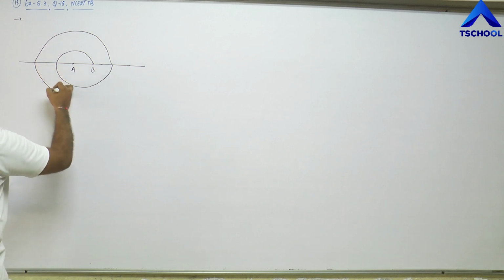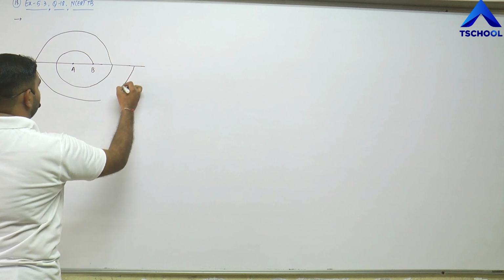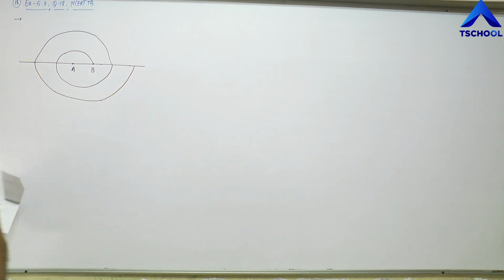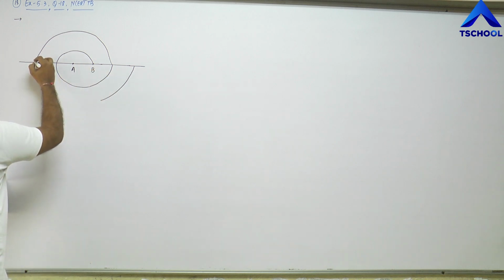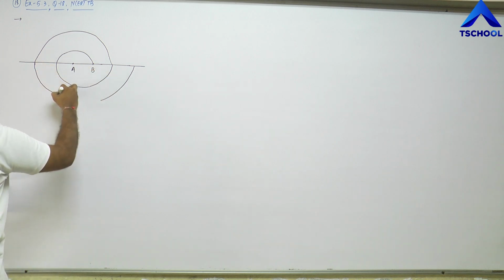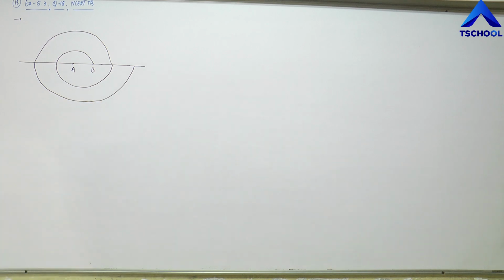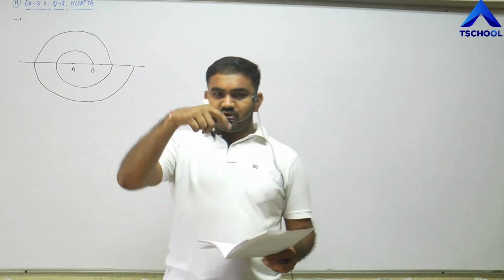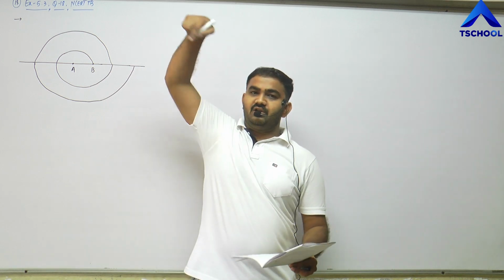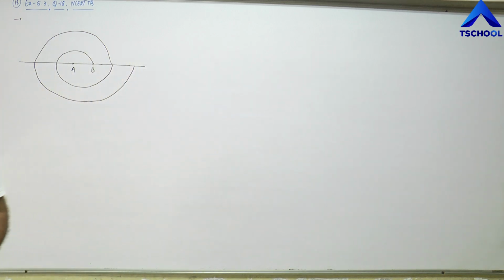The next one again will be of 2 centimeter, and so on, right? So this is how the spiral is made. You know what a spiral is. A spiral is simply like a spring, that means the circles that are formed are not at the same place, it goes on increasing, so that is known as a spiral, right? So this is how the spiral is made here.